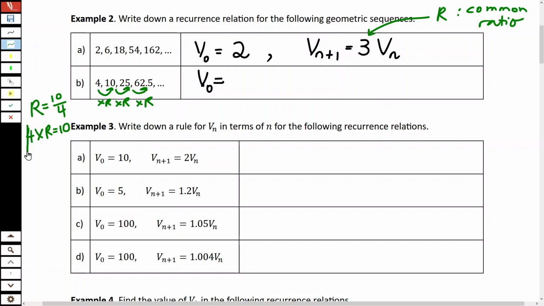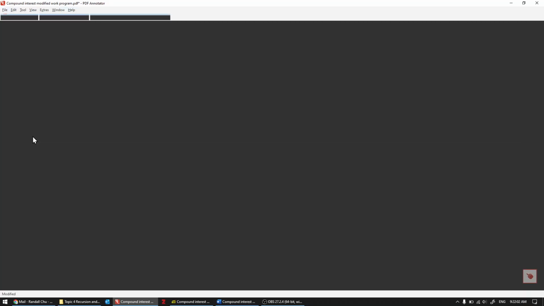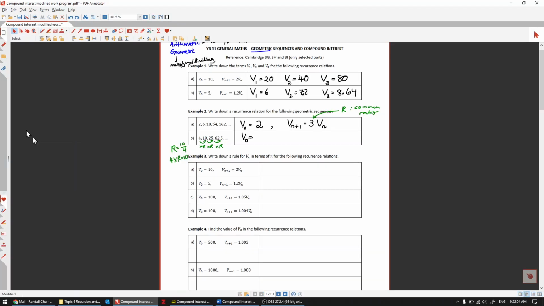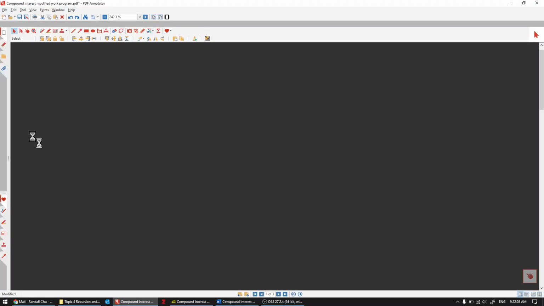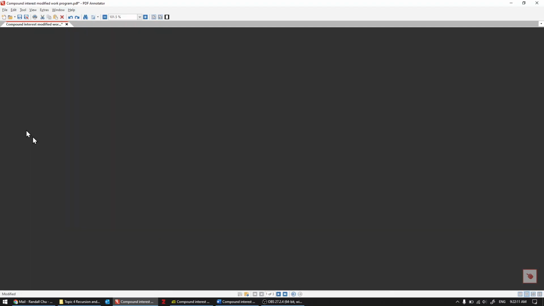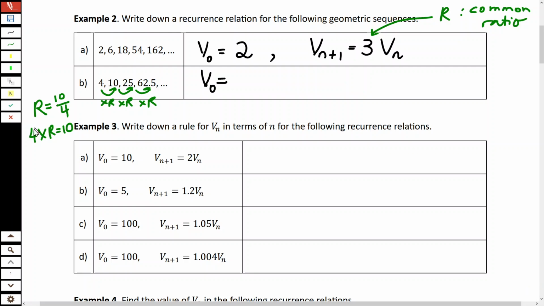So another way of writing this equation here, 4 times r equals 10, is to say r equals 10 divided by 4.